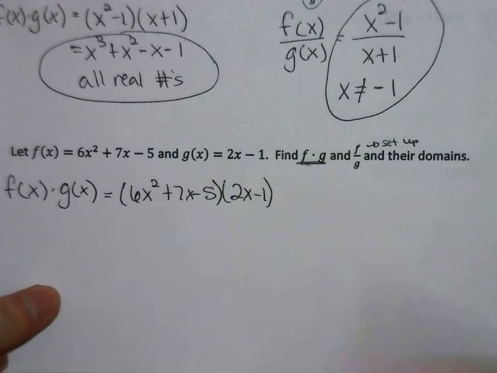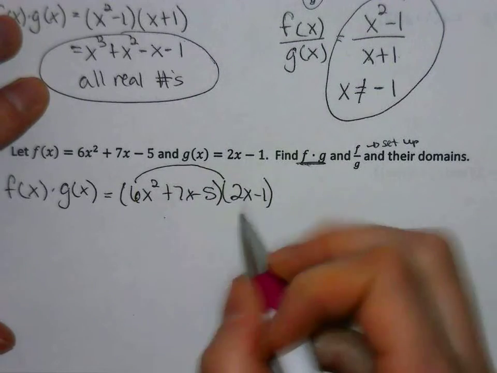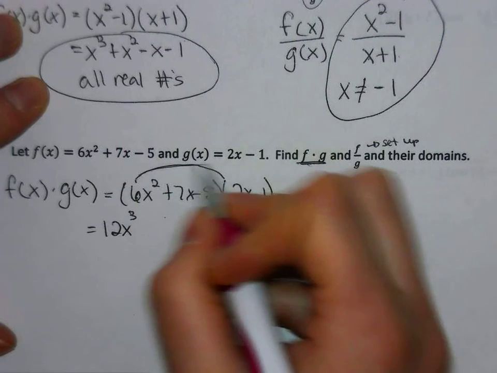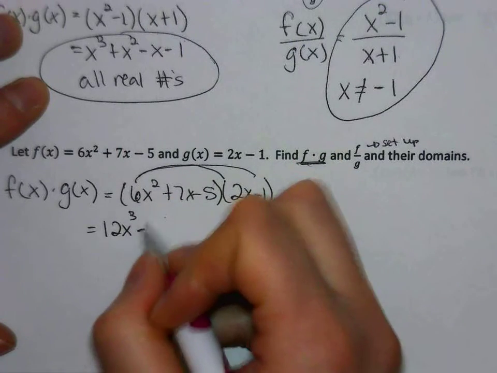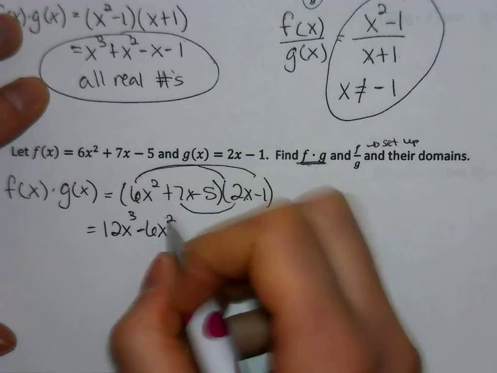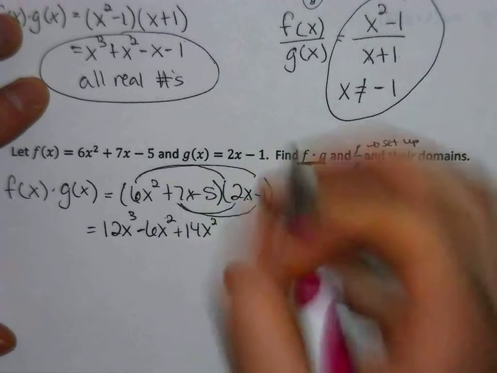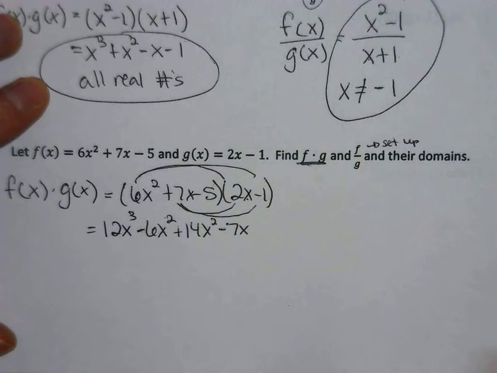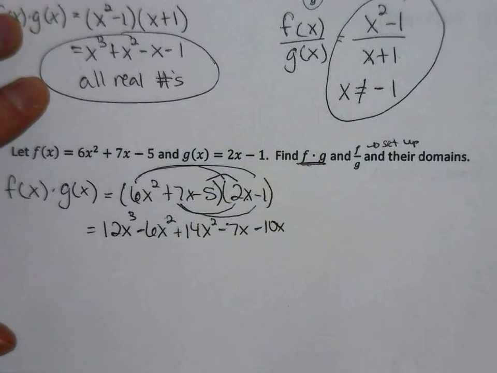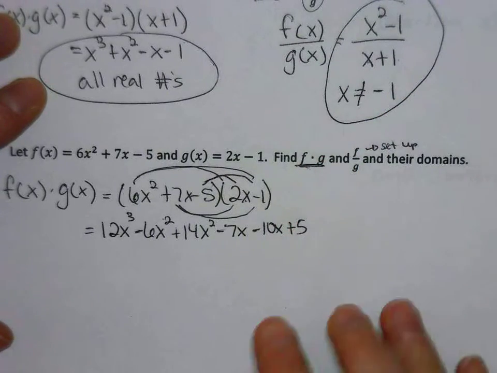Now let's distribute, multiply all this out. 6x squared times 2x is 12x to the third. 6x squared times a negative 1 is a negative 6x squared. 7x times 2x is a positive 14x squared. 7x times a negative 1 is a negative 7x. Negative 5 times 2x is a negative 10x. And a negative 5 times a negative 1 is a positive 5.